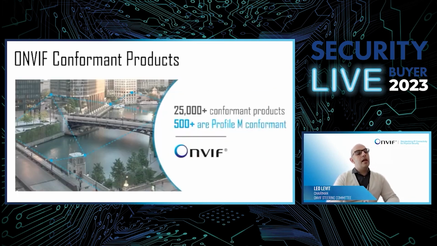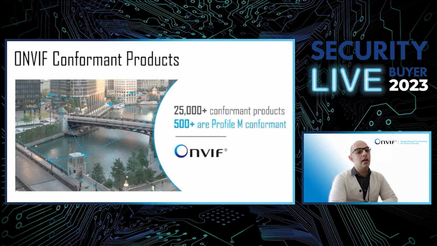Conformant devices. As you might know, ONVIF holds a database of all the conformant devices that have ever been tested for conformance with one or several ONVIF profiles. ONVIF offers that database free access on our webpage, www.onvif.org.